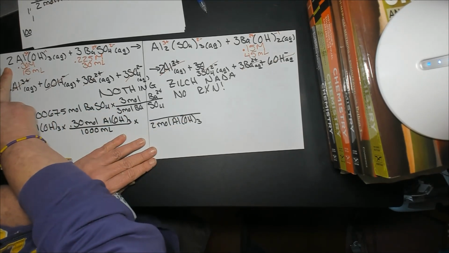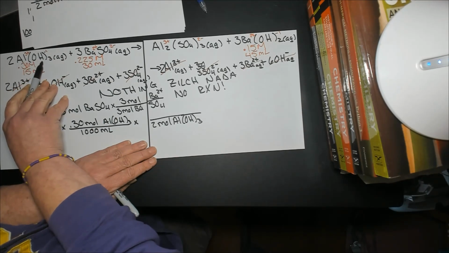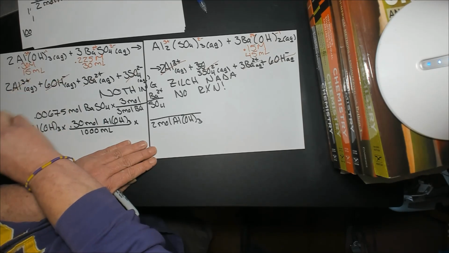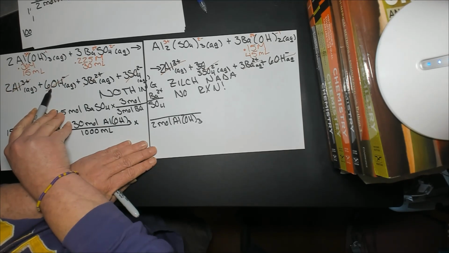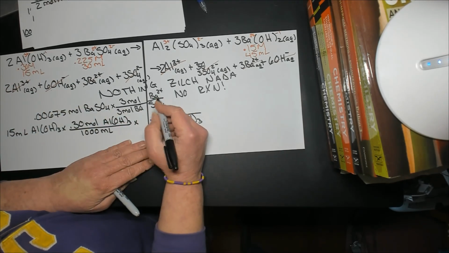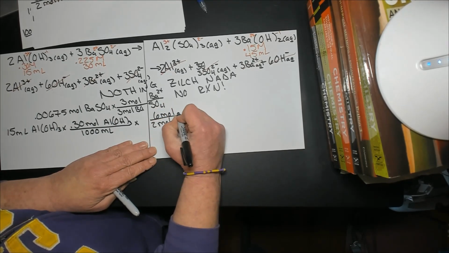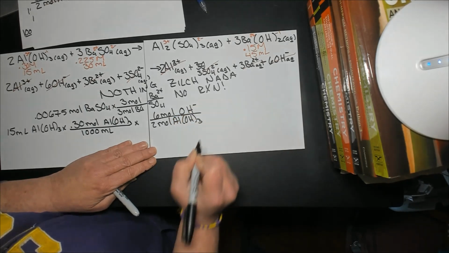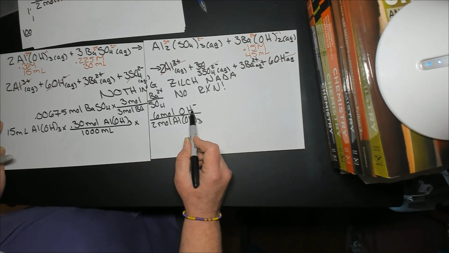It's just from the coefficient: for every one of those moles, I have 3 moles of hydroxide. So I have 6 moles of OH minus. So this would give me the concentration of hydroxide ions.